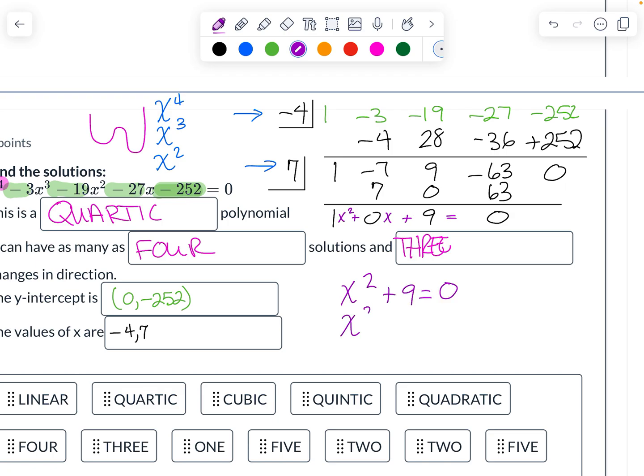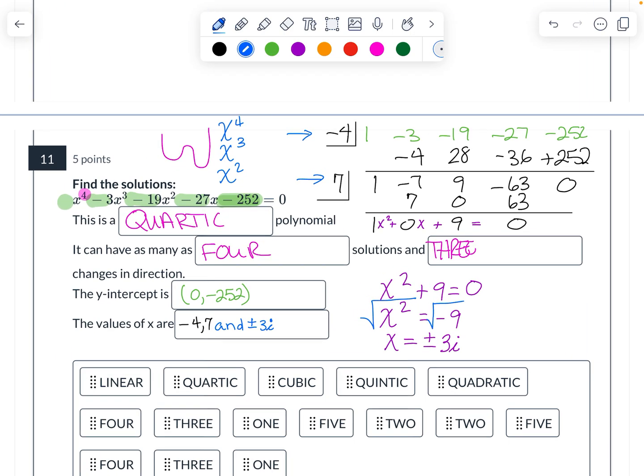We solve. x squared equals negative 9. x equals plus or minus 3i, because the square root of negative 9: the negative gives you the i, the square root of 9 is 3, and the square root is a plus or minus. So plus or minus 3i. And now we have 4 answers.